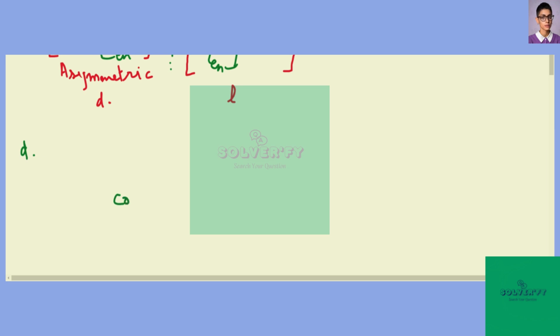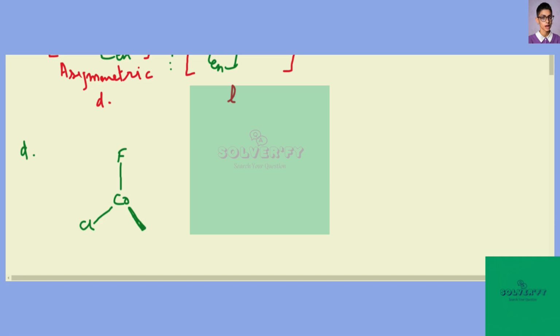So tetrahedral geometry, central atom, and these two bonds should be in the same plane. Fluorine we can say here and chlorine here, and one bond should be above the plane.